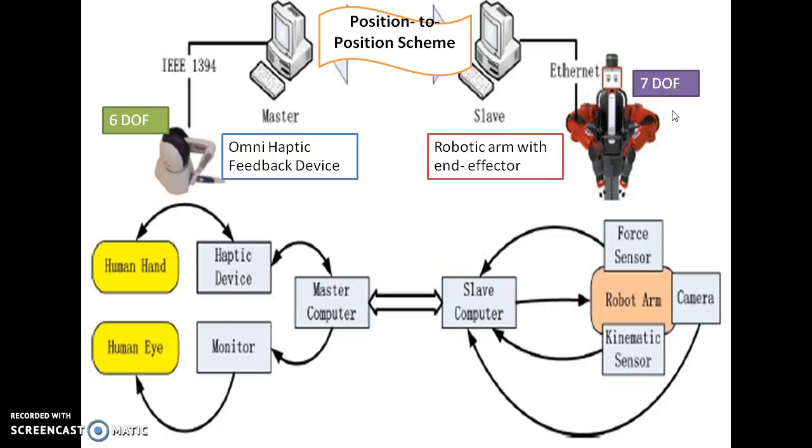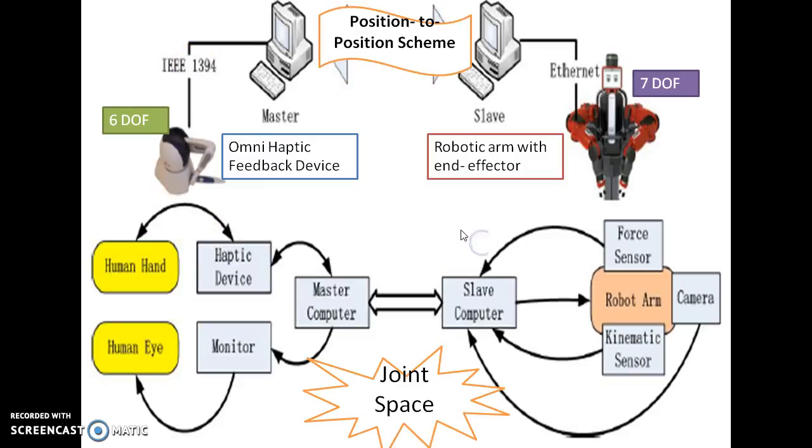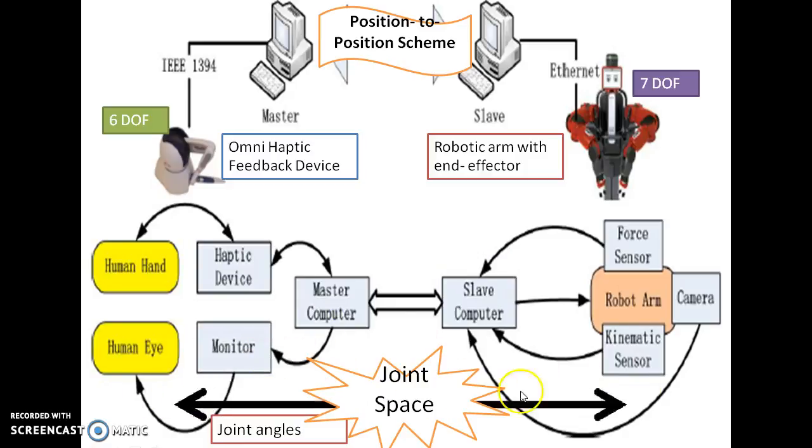In other words, the joint angles of the master stylus will map directly to the slave in the joint space, as shown here. They directly map to each other.